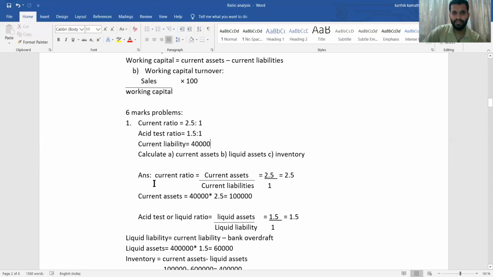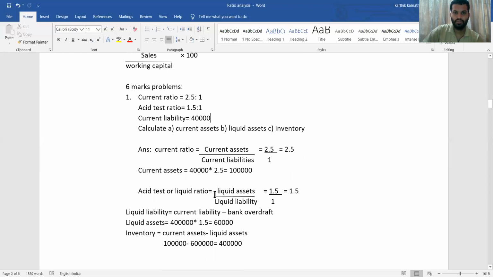So next one, liquid asset. You need to find out liquid asset. So that means you need to know the formula of liquid ratio or acid test ratio. That is liquid asset divided by liquid liability. So here liquid ratio given in the problem is 1.5 divided by 1, that is equal to 1.5.